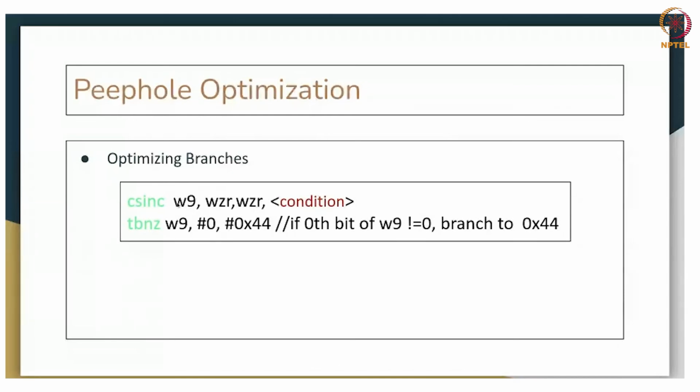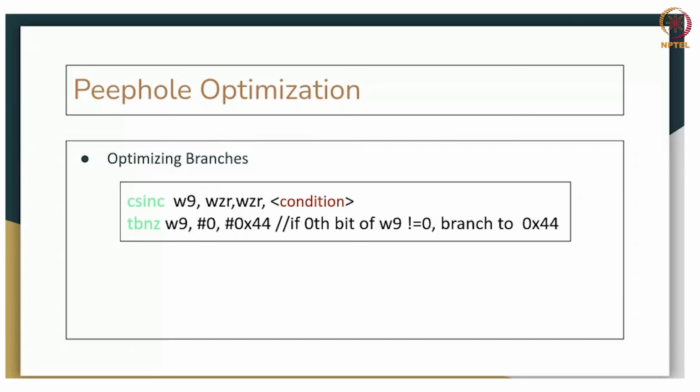So W9 will become 1 when the condition is false. So typically this implies: if the condition is false, branch to the address 0x44.